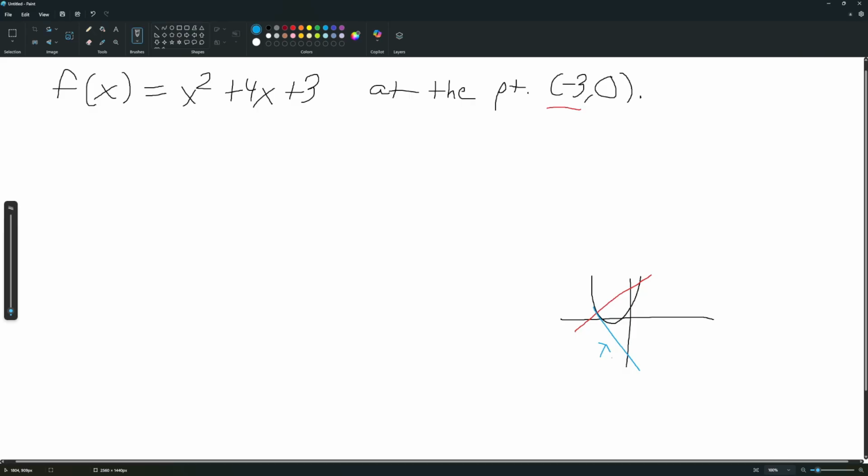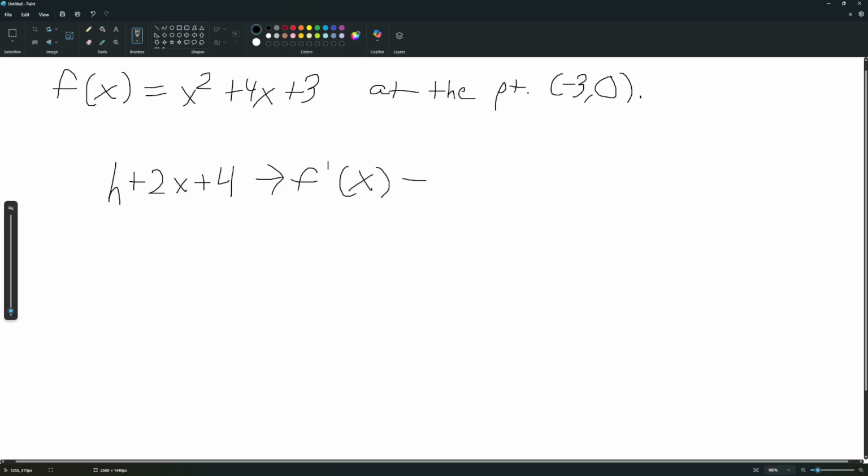And to do that, we first need to solve for the derivative like we did in the last problem. Now, if you'd like to do the math, that's great. I won't do it here, but eventually you get to something that looks like this: h plus 2x plus 4. And remember that we're looking for the limit as h approaches 0. So you plug in 0 for h, and you get f prime of x equals 2x plus 4.